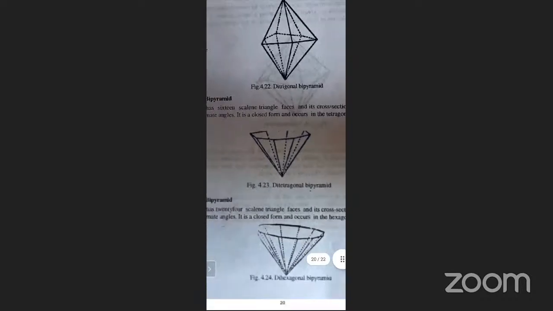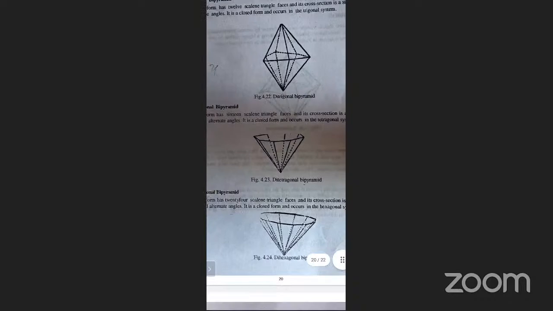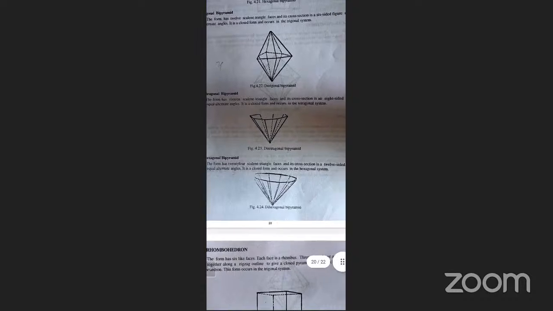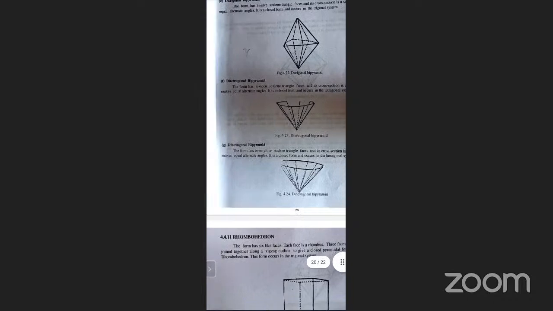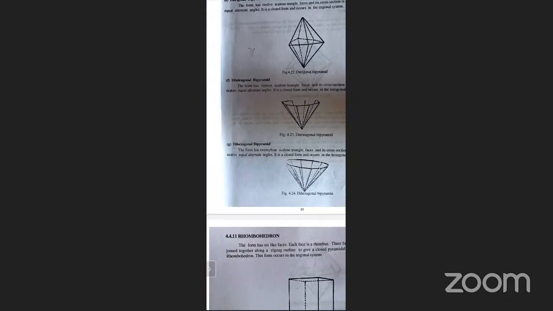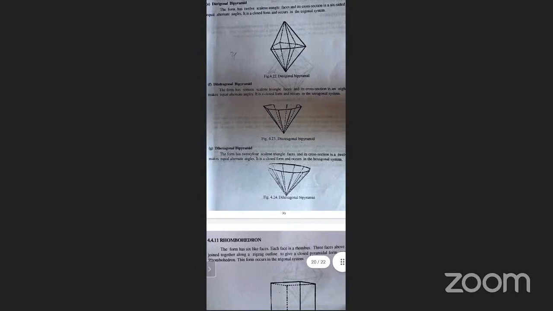Here, it has 16 triangular faces, and its cross section is 8-sided. You see, this is an 8-sided figure. It makes equal alternate angles. It is a closed form and occurs in the tetragonal system.